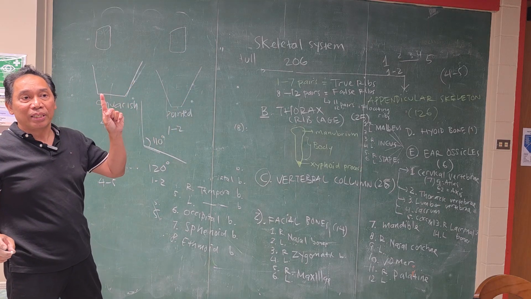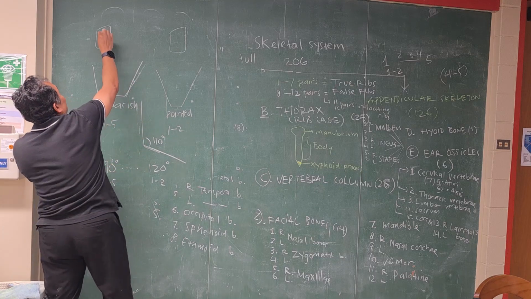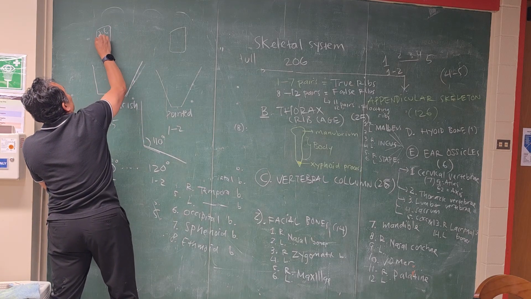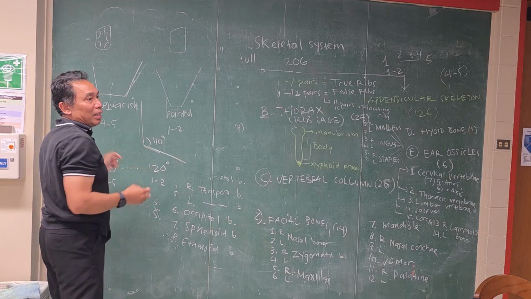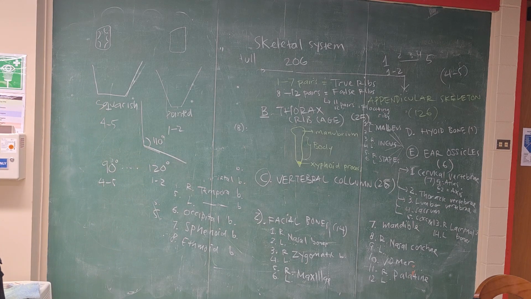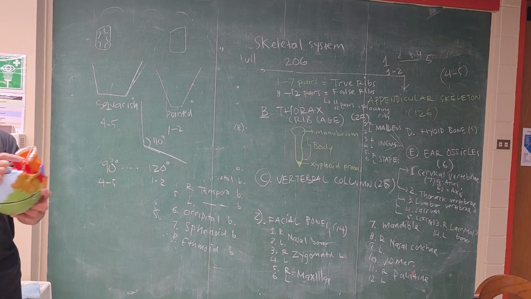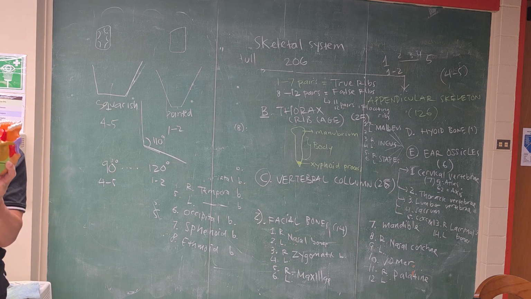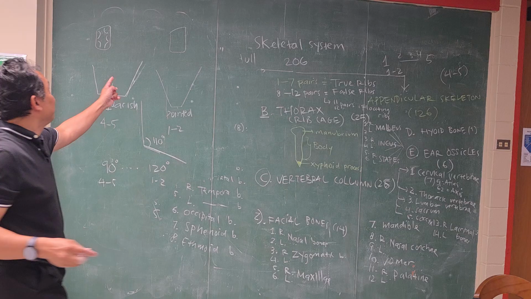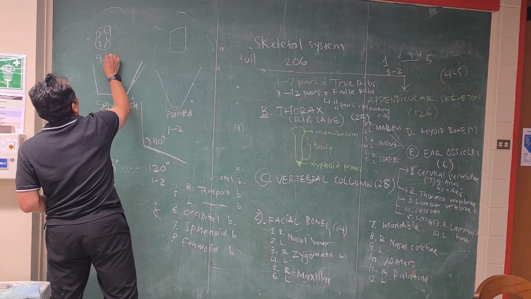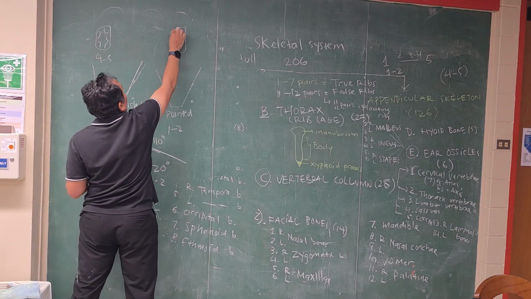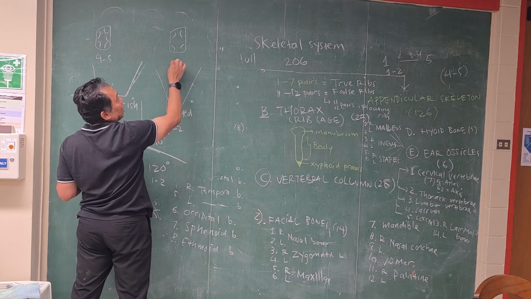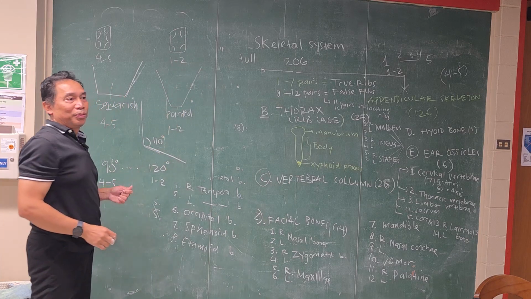Look at the cusps. Cusps mean the kind of process, the bumpy things on the teeth. You can count it. If it is 5, then you give 4 or 5. If it is only 4, like this, then you give 1 or 2.